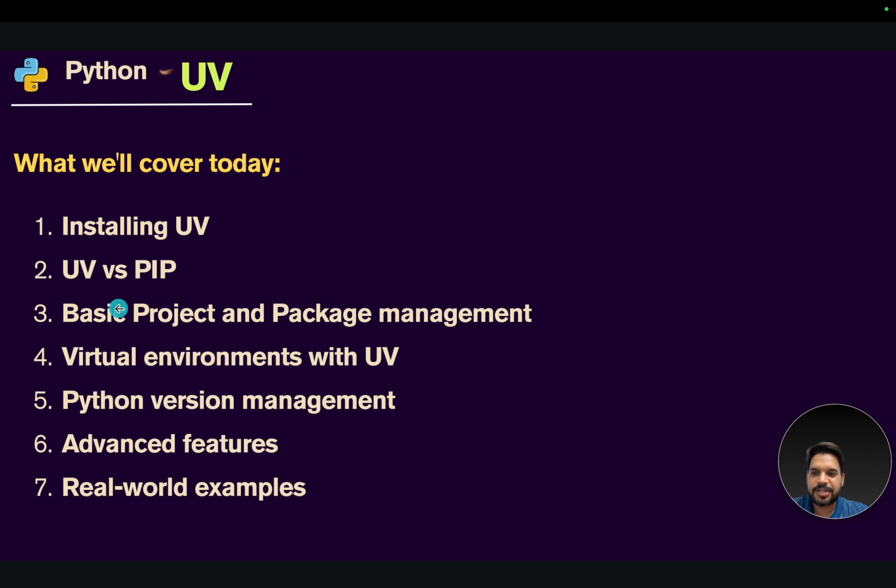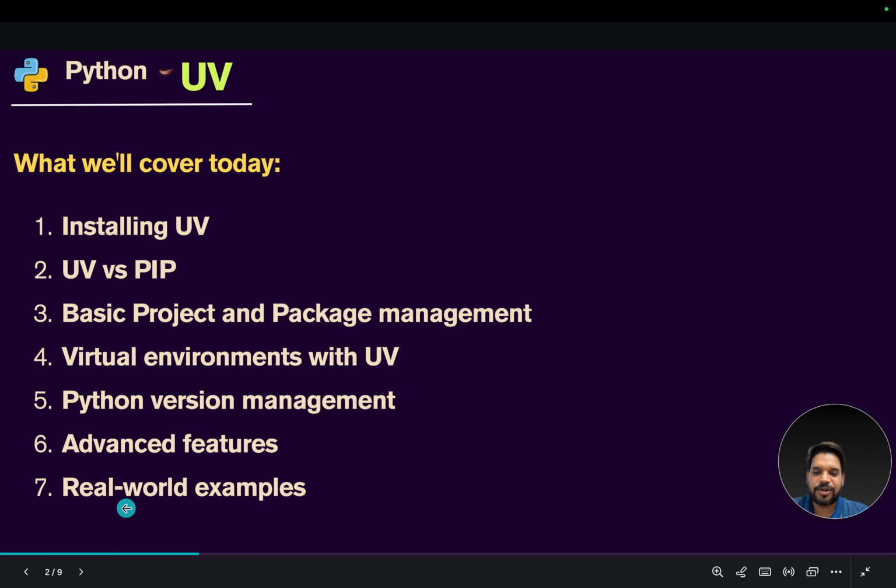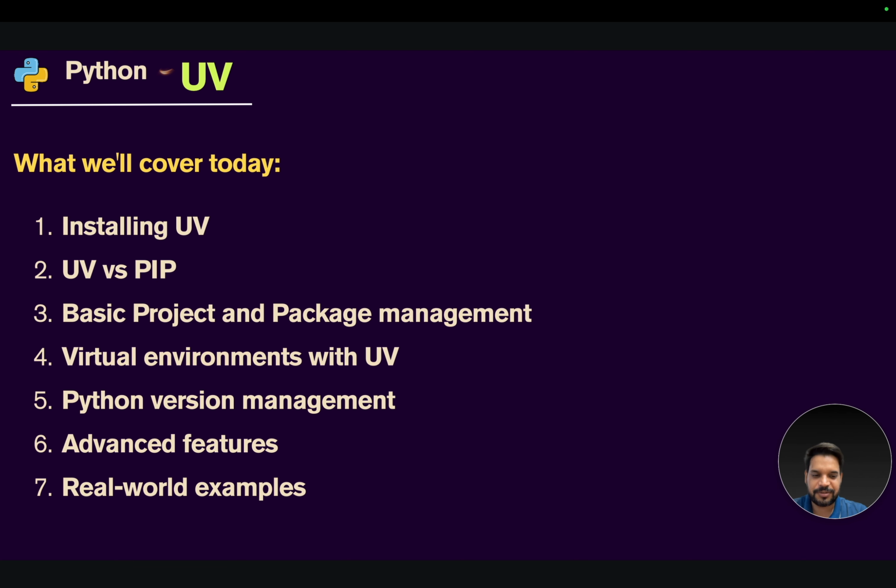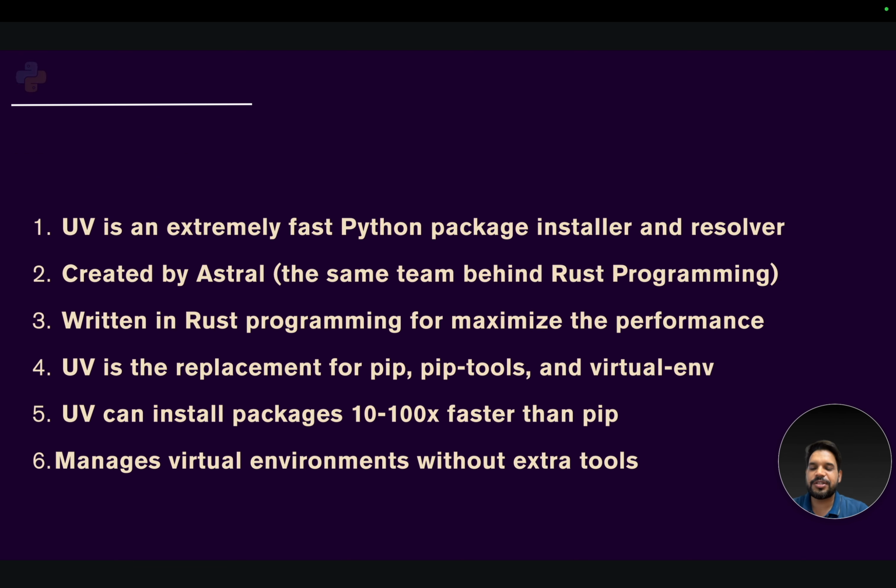Additionally, we will discuss basic project and package management. I will tell you how you can create a virtual environment with UV and Python version management. And I will show you what advanced features we have in UV. And I will give you a real world example to understand the UV package from scratch. Interesting? So let's discuss what UV is.